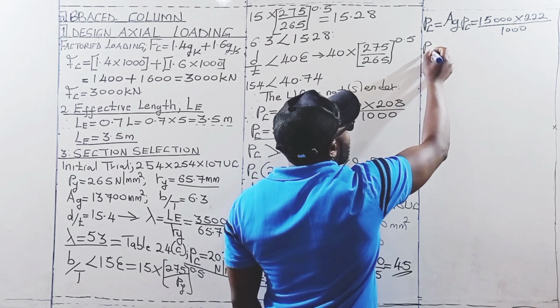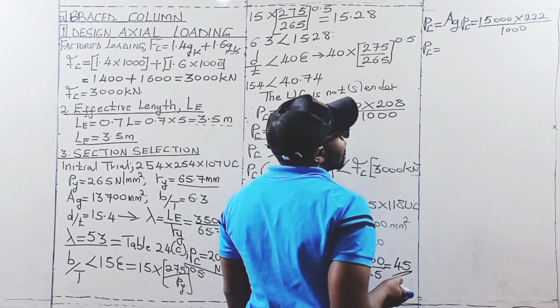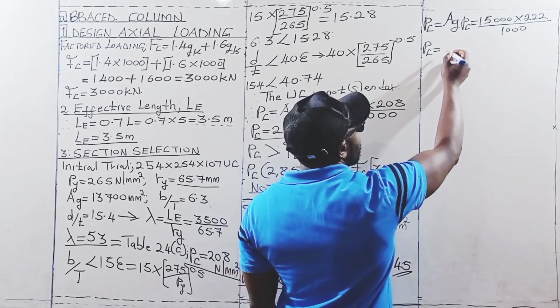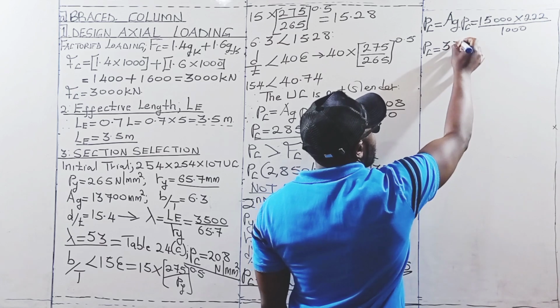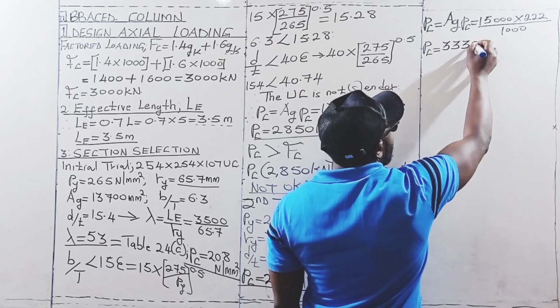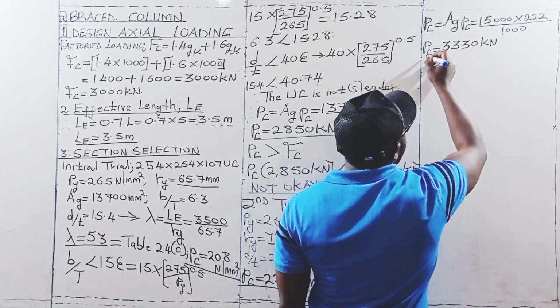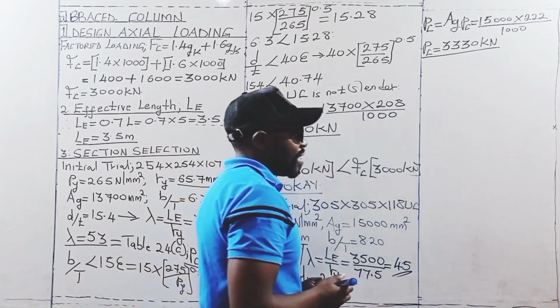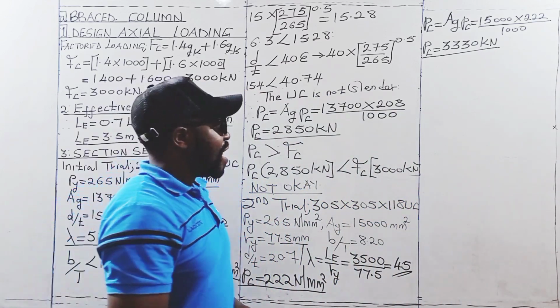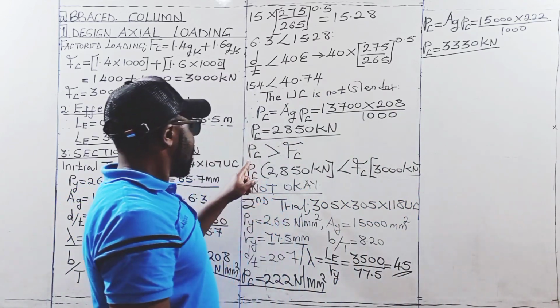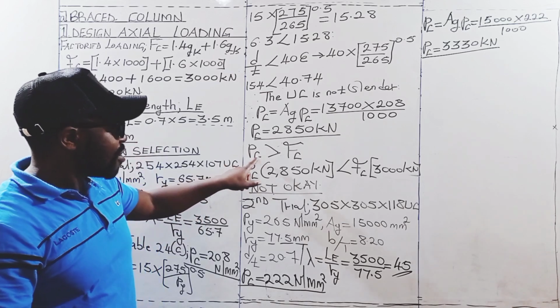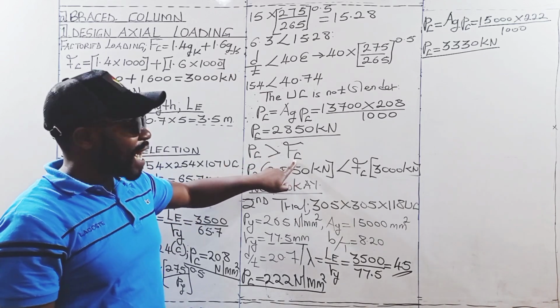And therefore, the compressive resistance of this section is going to be 3,330 kilonewtons. So that is the compression resistance of this steel section. And as we said, the compressive resistance should be greater than the factored loading.